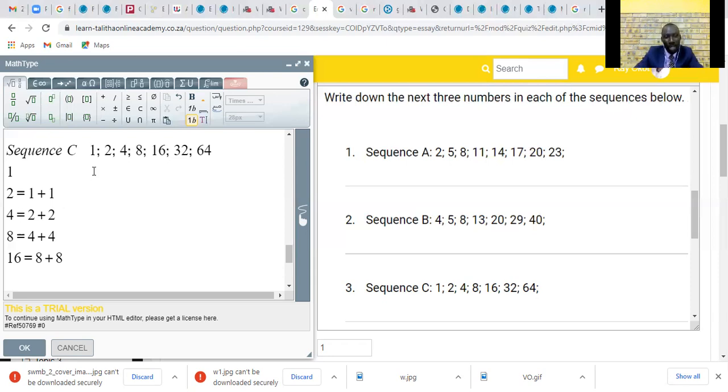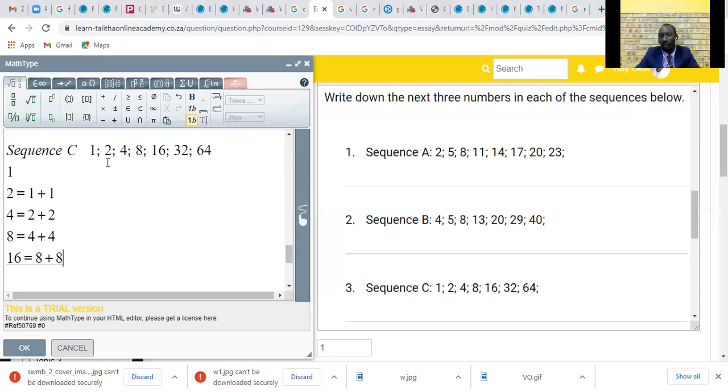Well, when we double 1, we get 2. When we double 2, that is, when we times 2 by 2, we get 4. When we times 4 by 2, we get 8. 8 times 2 is 16. 16 times 2 is 32.